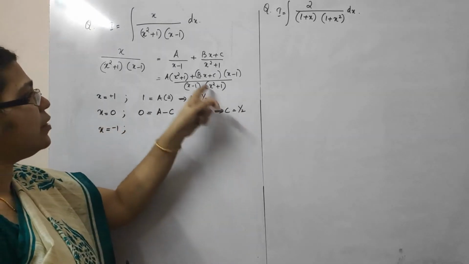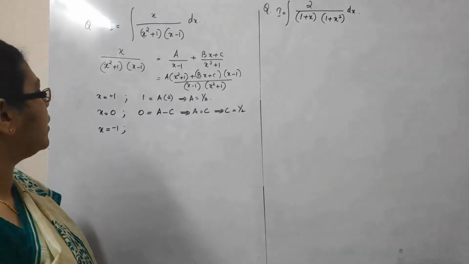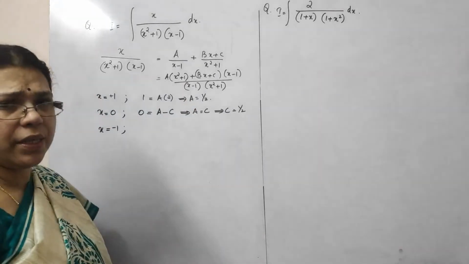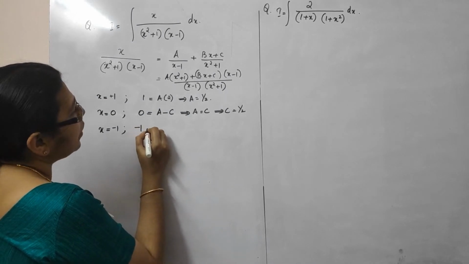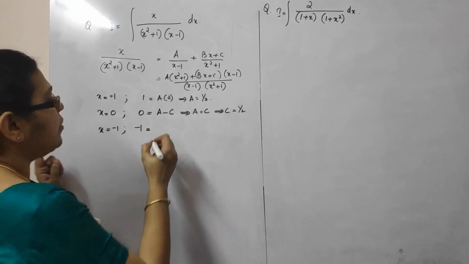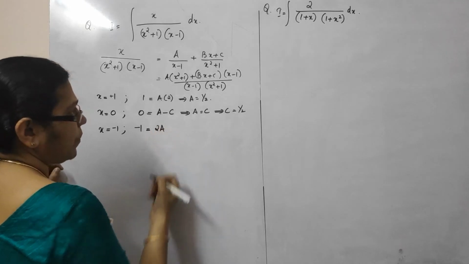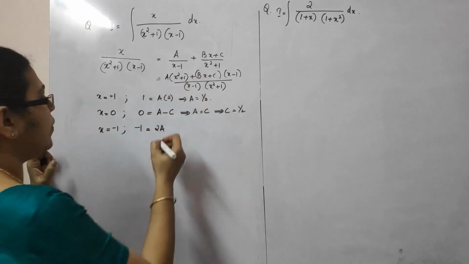Now, let me substitute x is equal to minus 1, because already I have got the value of A and C, so I can substitute x is equal to minus 1. Whichever way you want, you can substitute. Okay, there is no issue in that. So I get minus 1 is equal to, this gives you 2A, right? Now, over here, what will I get?